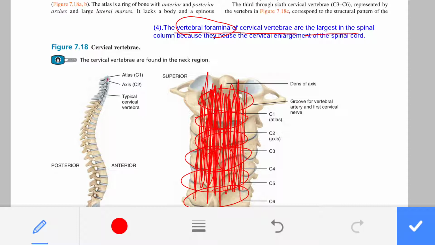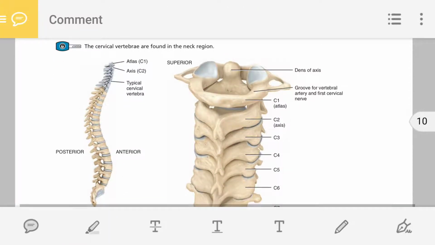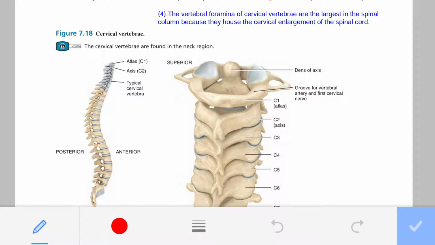So here, for example, the spinal cord will be broad, and then it will be thinner in the rest of the vertebral column. So to house the spinal cord, the vertebral foramina are larger in the first seven vertebrae.